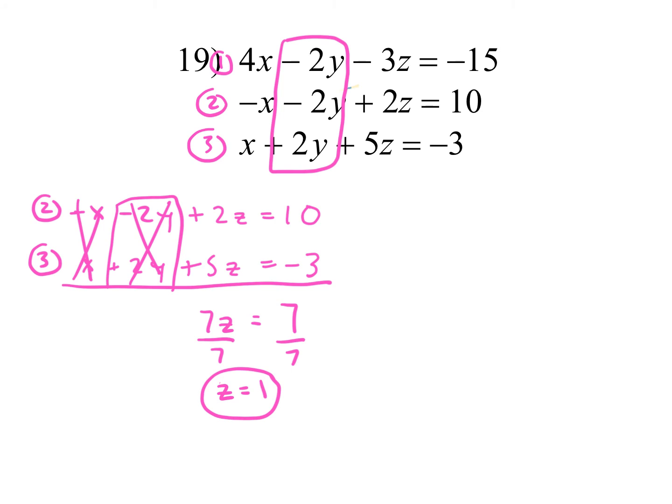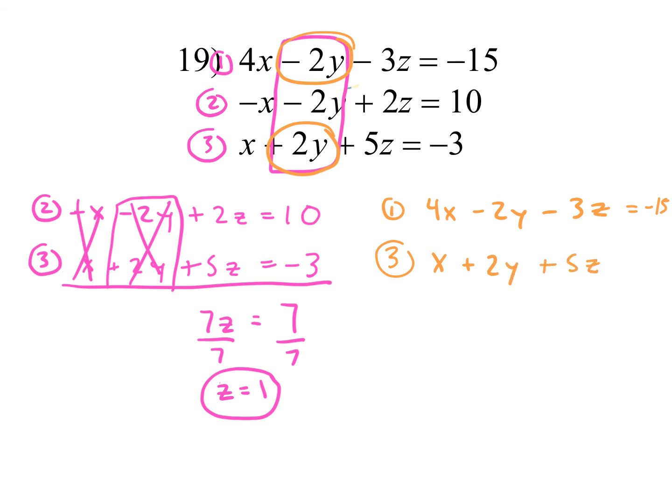So which two do you want to pick now? 1 and 3. Awesome. Because 1 has a negative 2y and 3 has a positive 2y, so I know my y's will cancel. So 4x minus 2y minus 3z is equal to negative 15. Here, x plus 2y plus 5z is equal to negative 3.